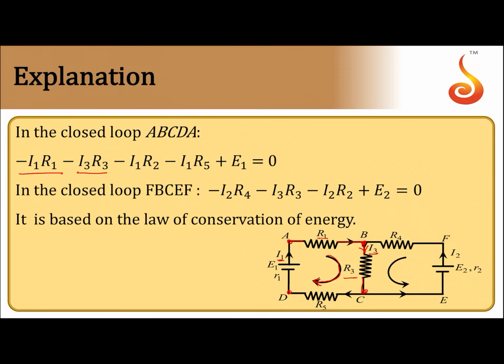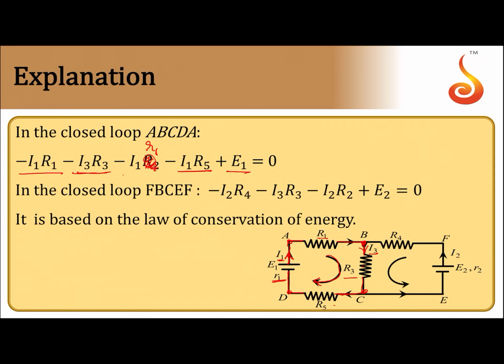Then the current here is I1 into R5. Then you are traveling through the internal resistance of the cell, small r1, so I1 into r1. Then you are coming out of the positive terminal of the battery, so according to sign convention the EMF will be negative, and that should be equated to 0.